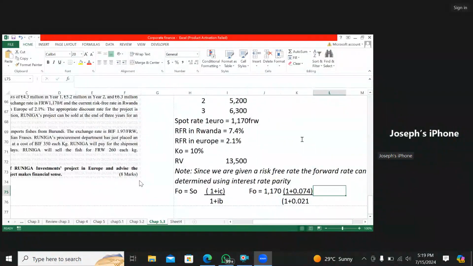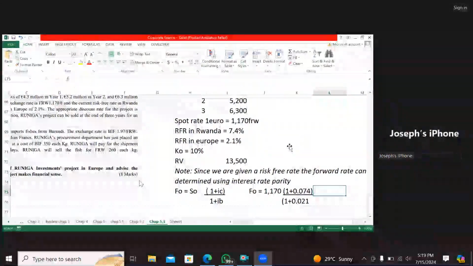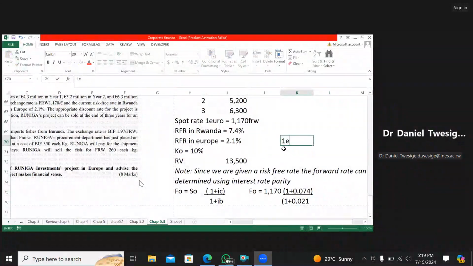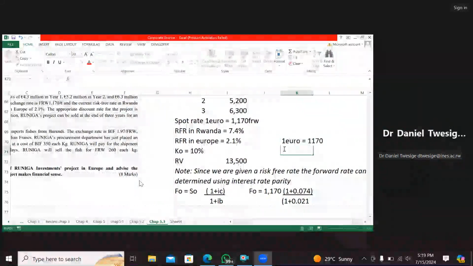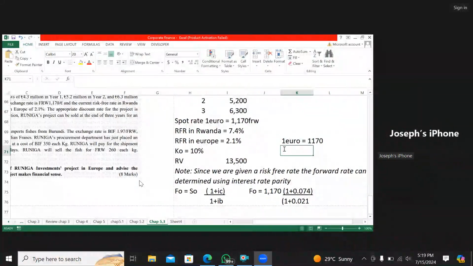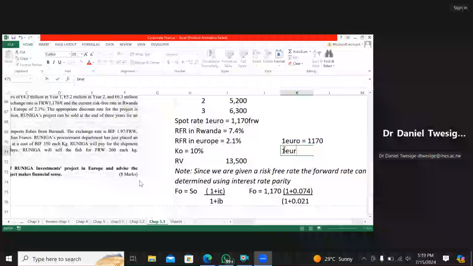So if in the second period, to get 1 euro you need 1,112.3, it means you need fewer francs to get one euro.